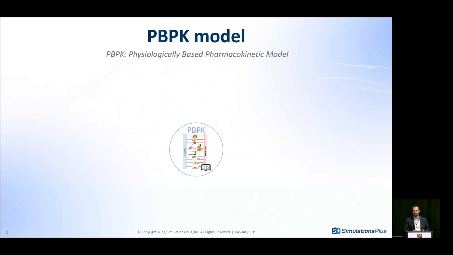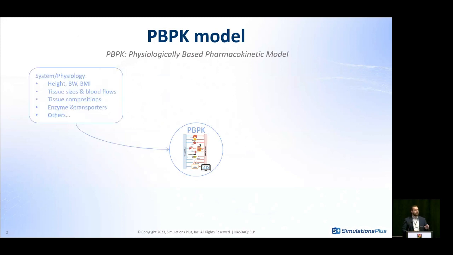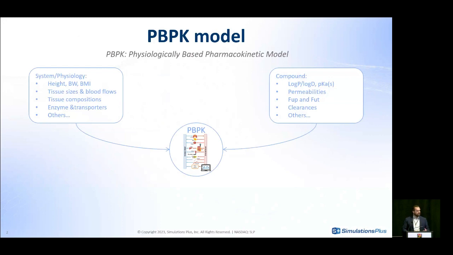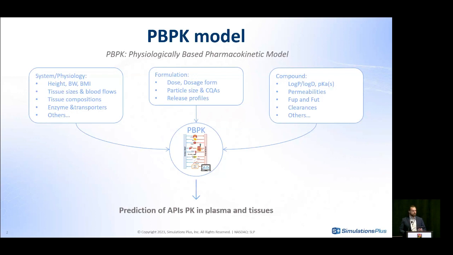The idea around PBPK is to combine the system and physiology parameters, which could be the body weight, the BMI, the tissue size, the tissue blood flow, compound-specific parameters, the log P, the log D, the permeability, blood to plasma ratio, so all of the physical chemical properties, and formulation parameters that could be the dose, the dosage form, the particle size, the CQAs. And when you combine those three sets of parameters, you can actually start to predict what would be the plasma and tissue concentration for an API.